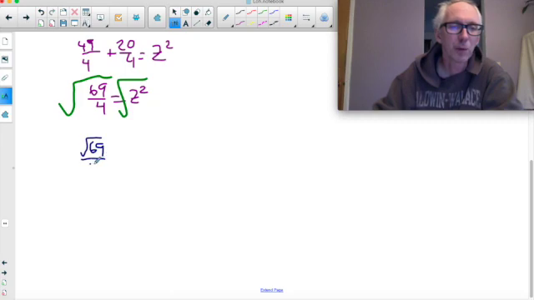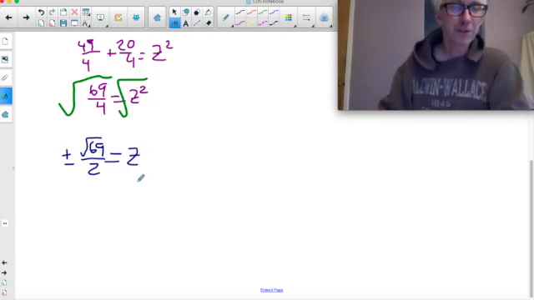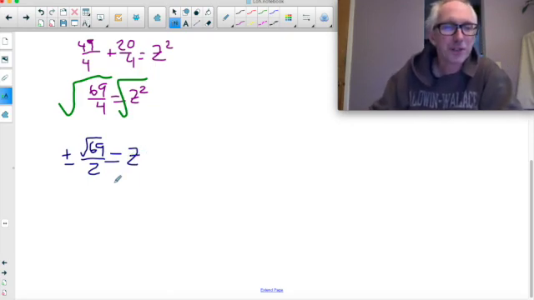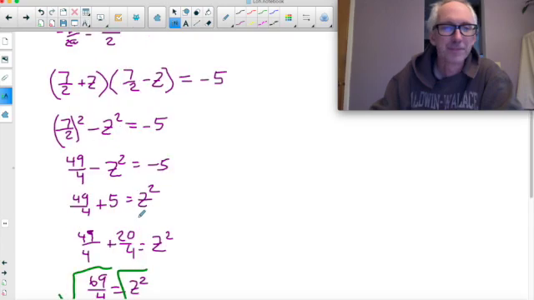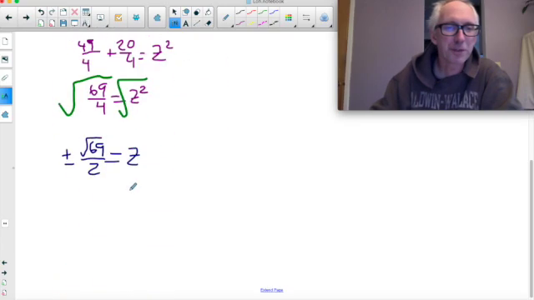Okay, square root of 4 is 2. And when you take square root of both sides, you have to do plus or minus. All right, so now we have figured out that z is plus or minus square root of 69 over 2. And above, our axis of symmetry was 7 over 2.